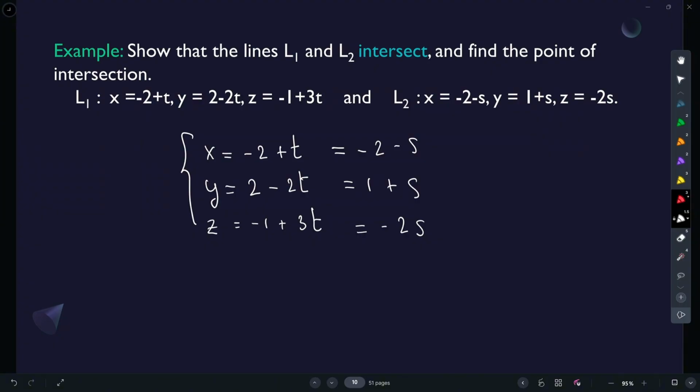And then you just go from there. So now this is a system of equations with two parameters, and you have to try to solve it. You can use one equation to solve for t in terms of s, plug in and get a value for s, then plug back in to get a value for t. And then the last step, crucial, is to check that those values satisfy this last equation. If they do satisfy it, that's a point of intersection. If they do not, then they're not a point of intersection.